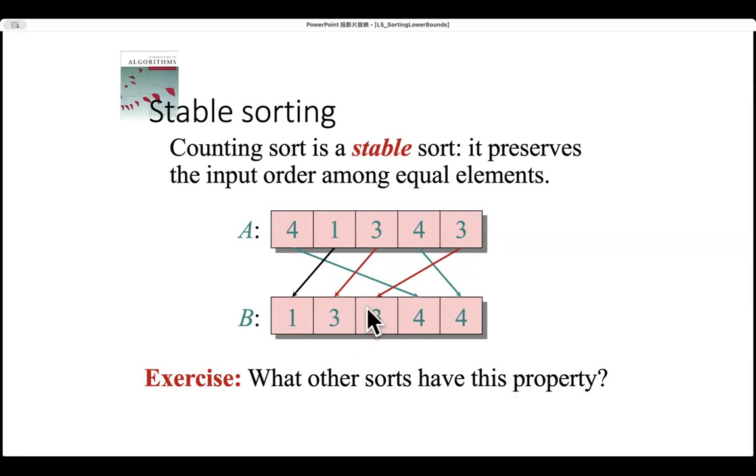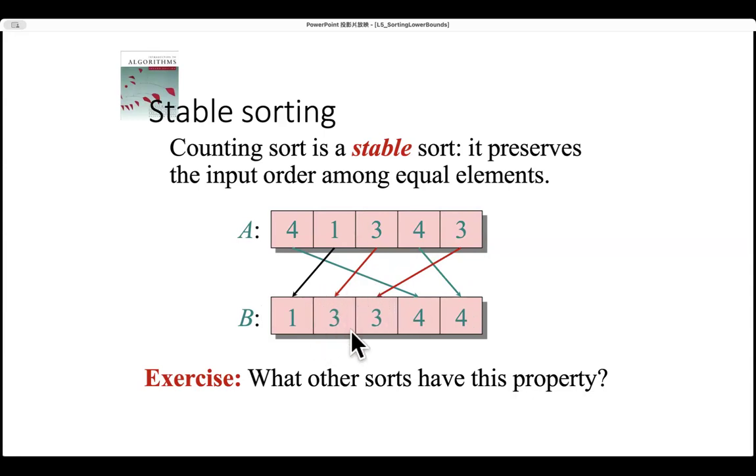The second 3 is moved to the third index. So in the original sequence, this 3 appears in front of this 3, and in the sorted sequence, this 3 is still in front of this 3.